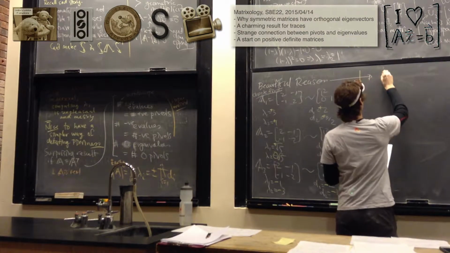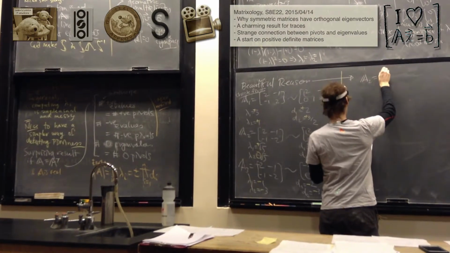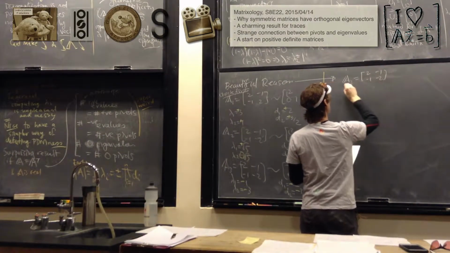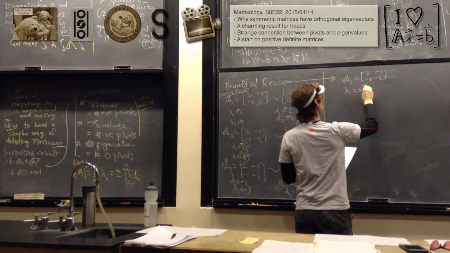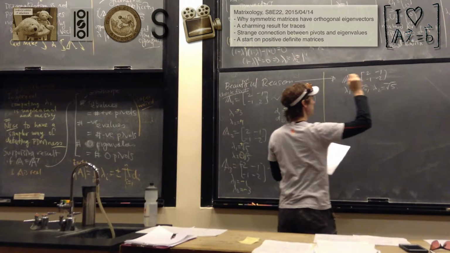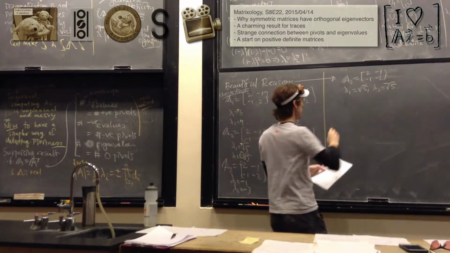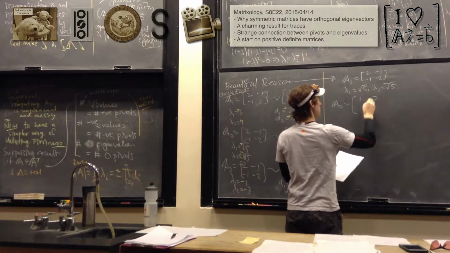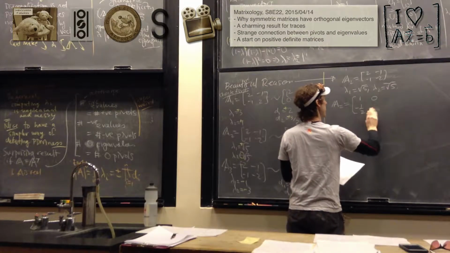So let's do this properly for A2. So A2 equals 2 minus 1 minus 1 and minus 2. And I've told you we didn't calculate it. We've got this. And if you go through the proper business of row reduction, we'll get this. A2 equals 1, 0, minus a half, 1.